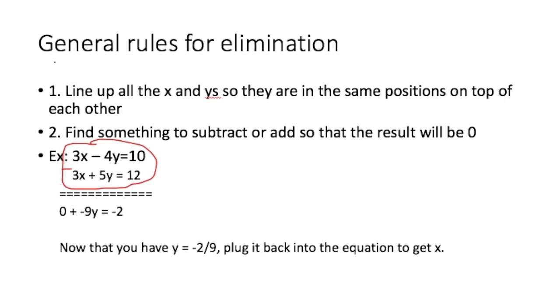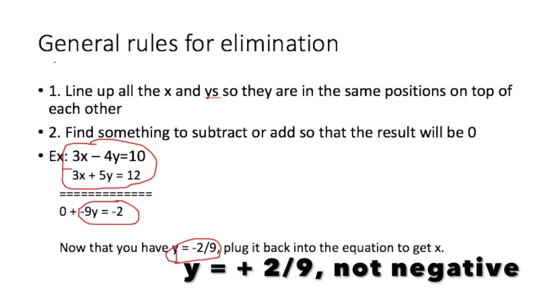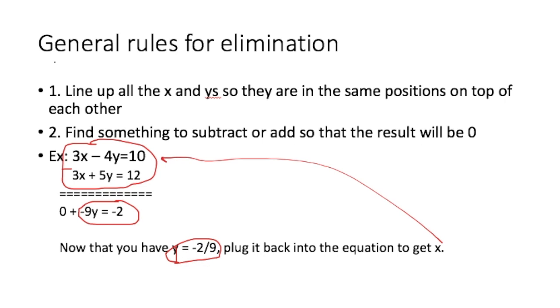Negative 4y minus 5y is going to be negative 9y, and then 10 minus 12 is going to be negative 2. So now we have a very simple algebra equation, negative 9y equals negative 2. So y is equal to negative 2 over 9. We can plug this back in here to get your x value and therefore solve the elimination.